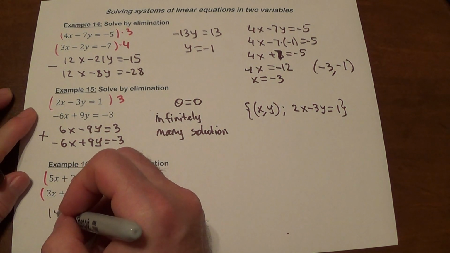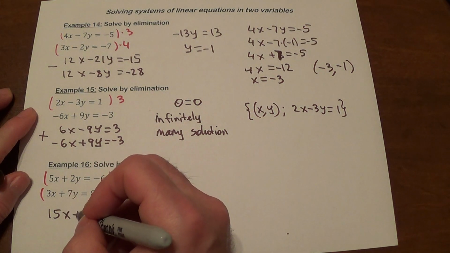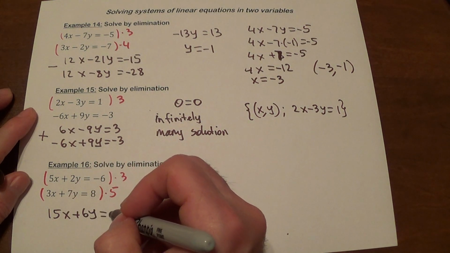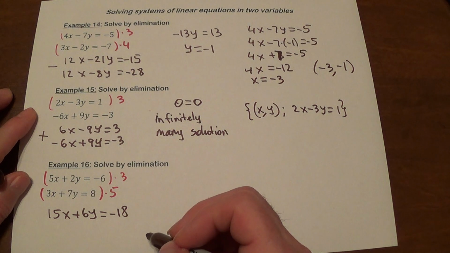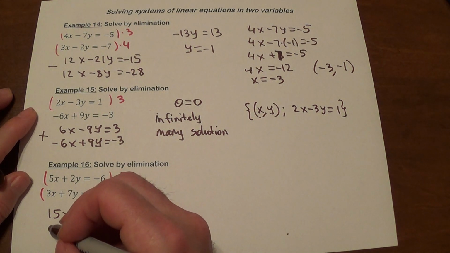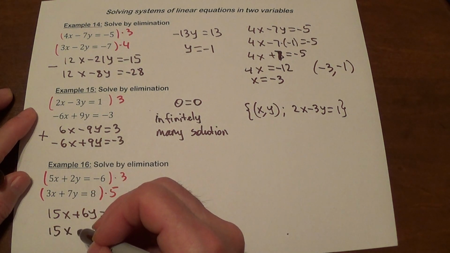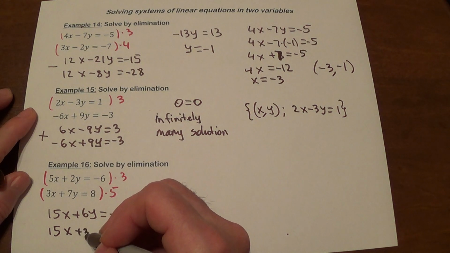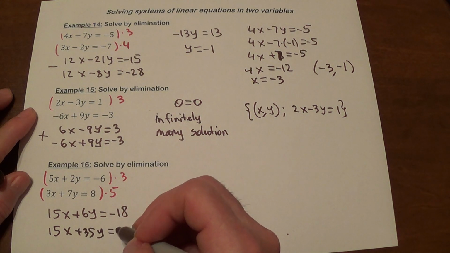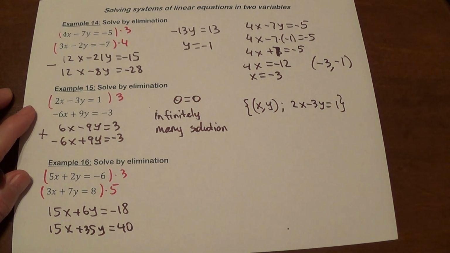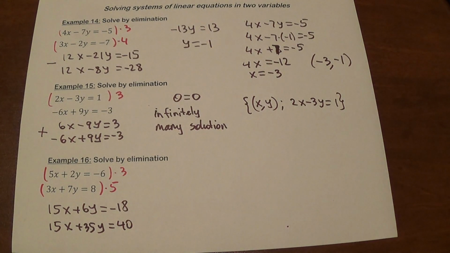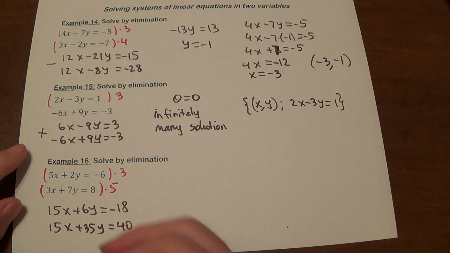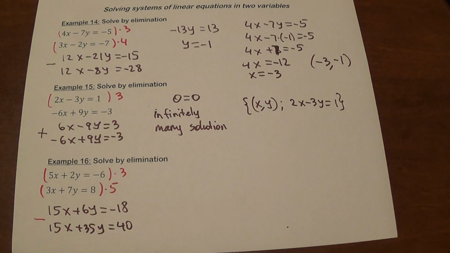There we have 15x plus 6y equals negative 18 from the first equation. The second equation is going to be 15x plus 35y equals 40. I have 15x and 15x, so I will subtract them from each other, and this way I will be able to cancel x.